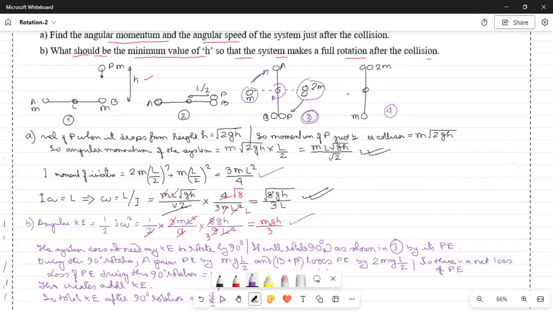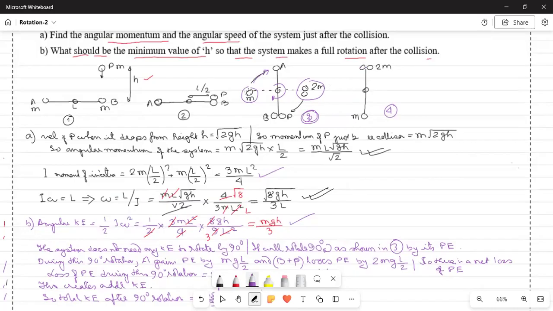If it can completely rotate from situation 3 to situation 4, it just travels a total of 180 degrees and the situation of the 3 balls becomes opposite. If it can do that, then what will happen thereafter? It is not asked in the question, but you need to know.